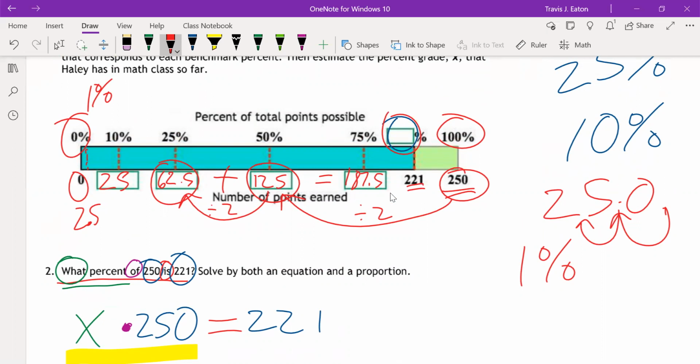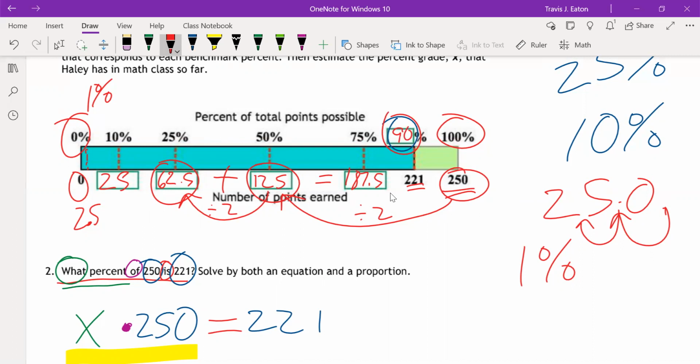And since 75% is 187.5, and 221, well, you can see it's a little bit further toward 250. It's a little bit further toward the 100. So if I were going to be estimating this, I would say it's probably around the neighborhood of 90%, just because of its location on the tape diagram.